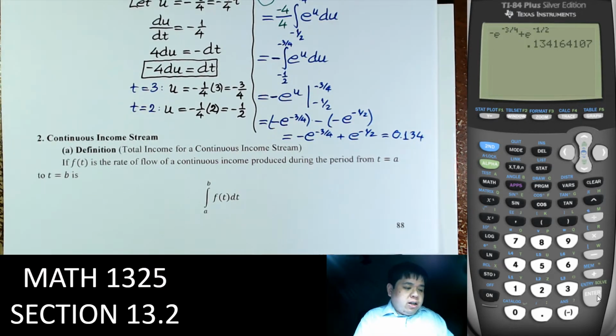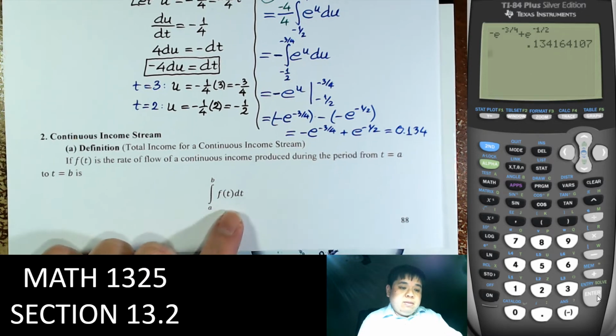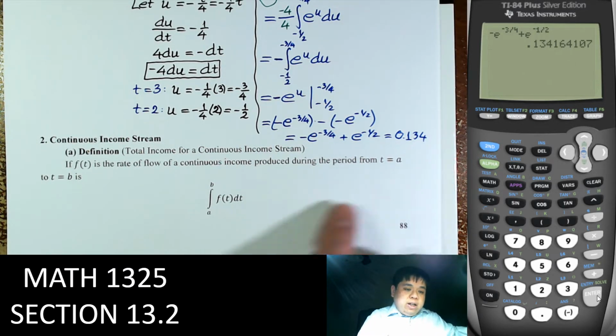The next one is continuous income stream. If you're going to take a finance or other business math class, then you'll probably see this more often. But here, let's say if it is a continuous income stream of money, then it will be given by this integral from a to b.